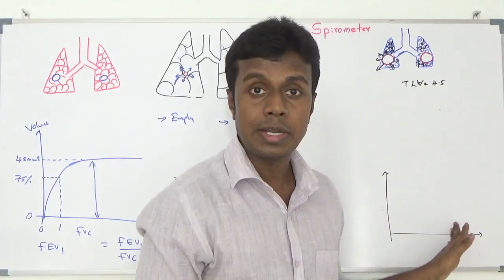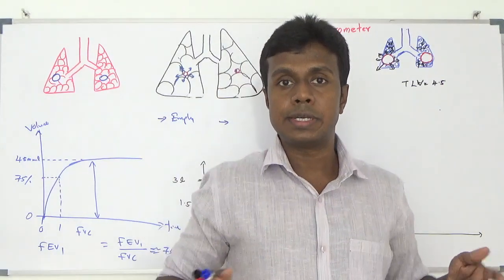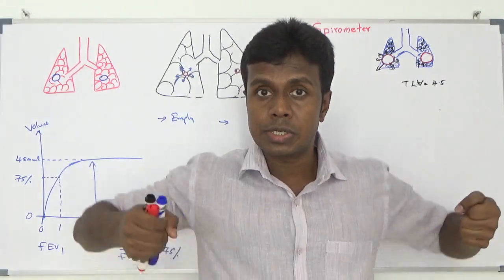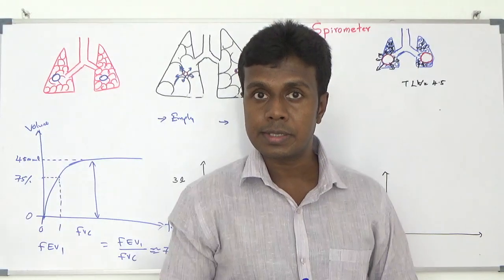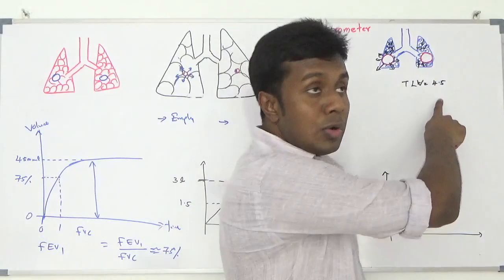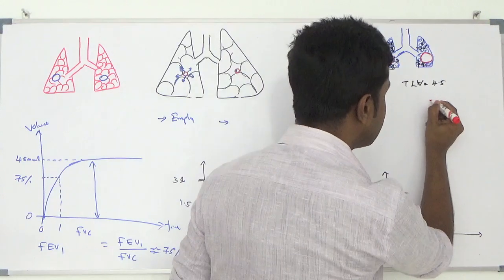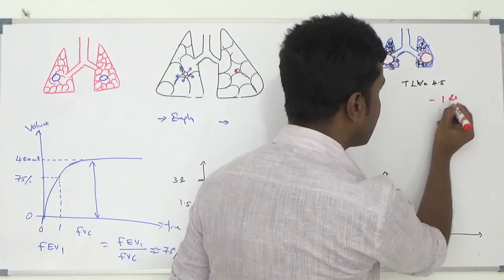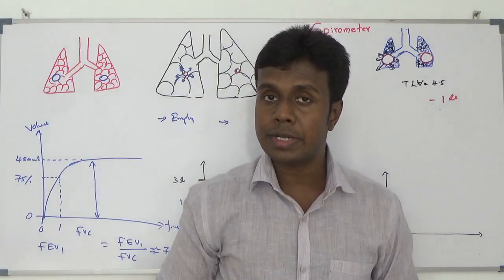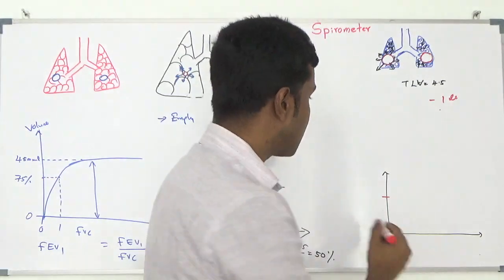Here only 1 liter remains in the lung. But the total amount the patient can take into the lung is also less, because the lung can't expand easily. They tend to collapse because of the fibrous septa. Here total lung volume is 4.5 liters, with 1 liter remaining at the end of full expiration. That means here they can use 3.5 liters for vital capacity breath.